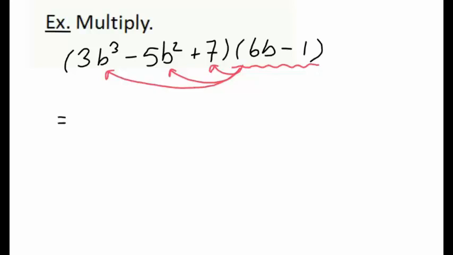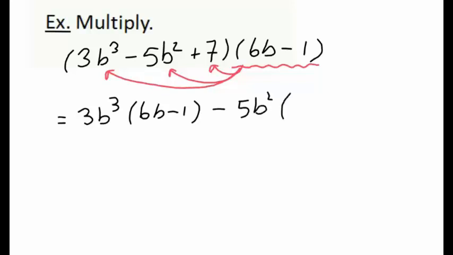When we do this, we get 3b cubed times 6b minus 1. We keep our sign, which is a negative, and we get 5b squared times 6b minus 1. Keep our sign, and we have 7 times 6b minus 1.